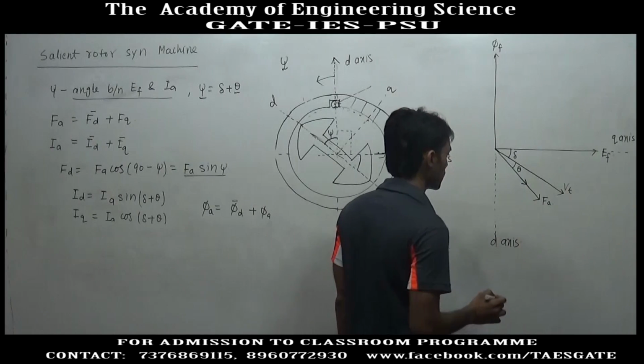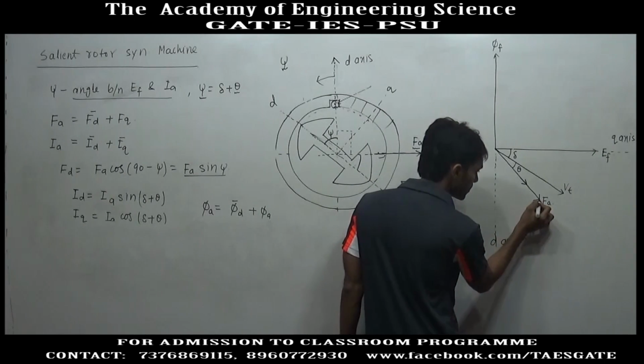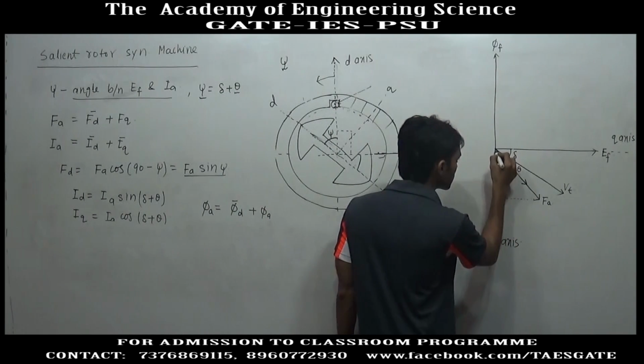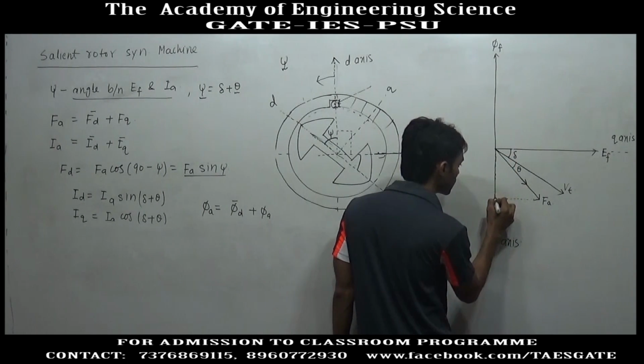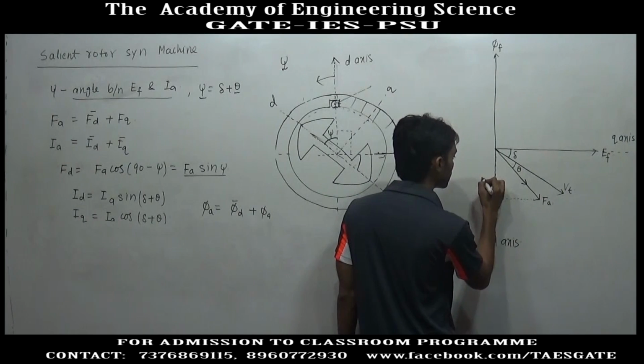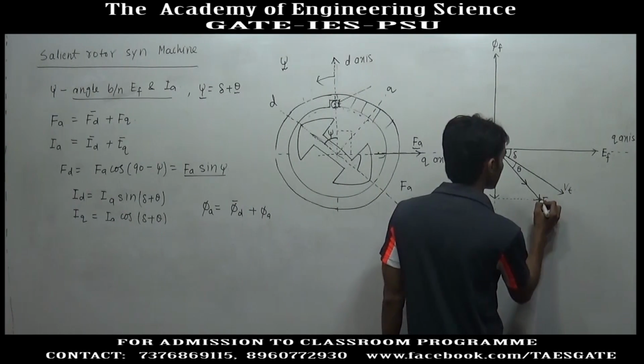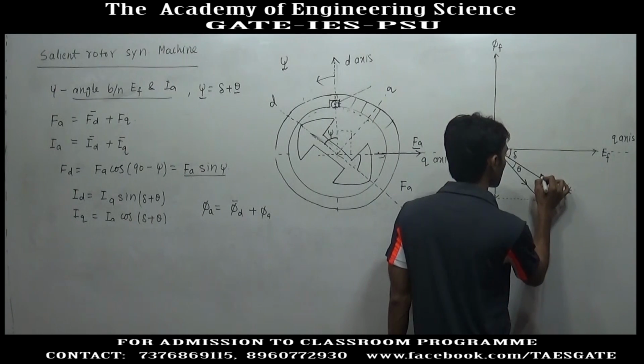So, if this is armature MMF, there will be some D axis component of armature MMF. This much MMF will be called FD, and the quadrature component will be FQ.